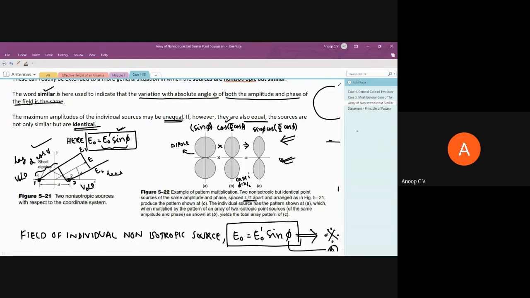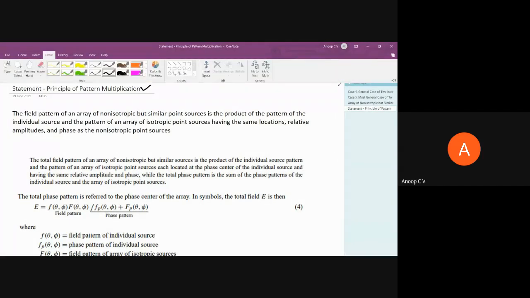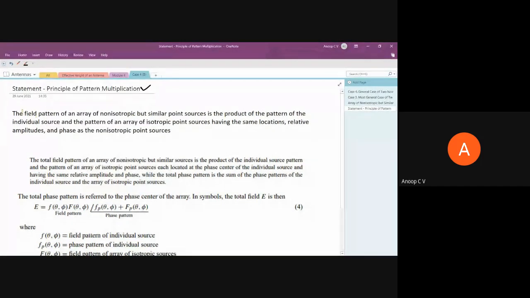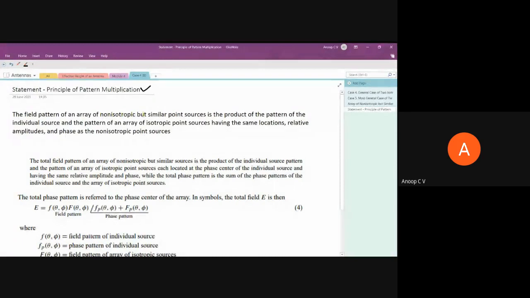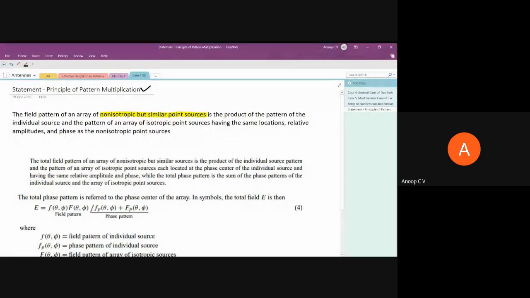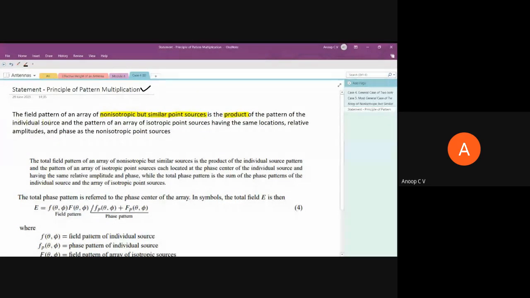So I'll show the statement now. Please do note it down, right? So I'll read out the statement of principle of pattern multiplication now. The field pattern of an array of non-isotropic but similar point sources is the product of the pattern of the individual source.